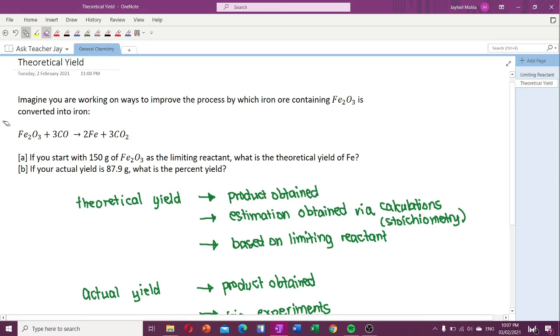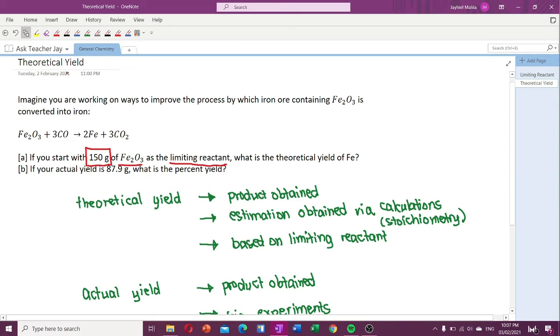The first question is, if you start with 150 grams of Fe2O3 as the limiting reactant, what is the theoretical yield of Fe? If you focus on the problem, it is already stated that Fe2O3 is the limiting reactant, and the amount of reactant consumed or used in the experiment is 150 grams. So of course, this amount will be entirely used up in the chemical reaction.